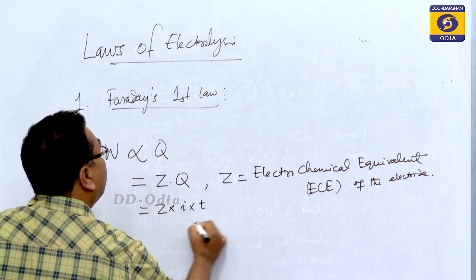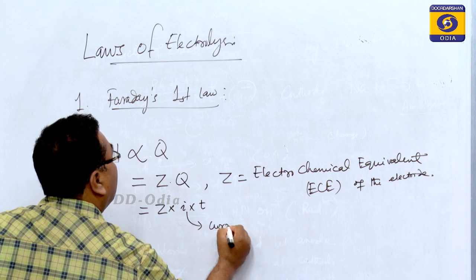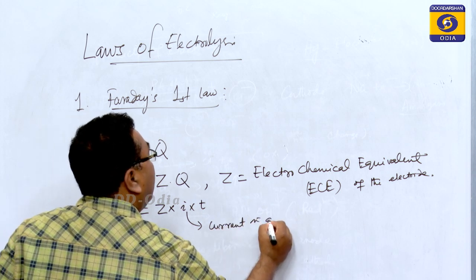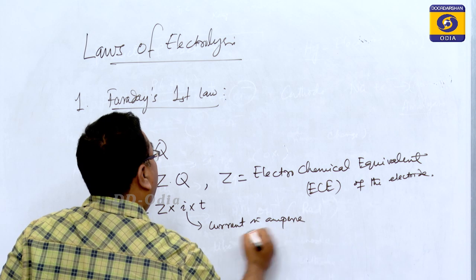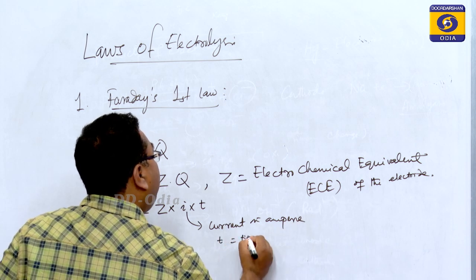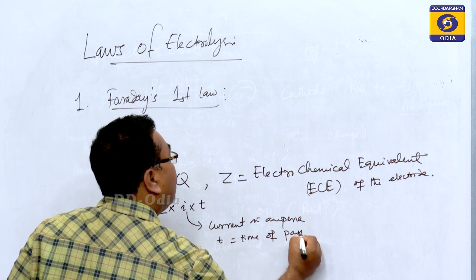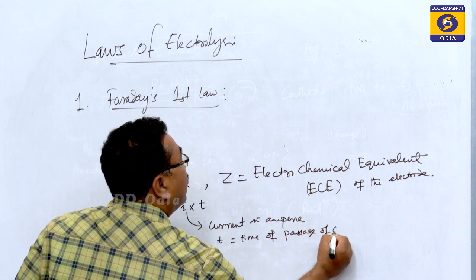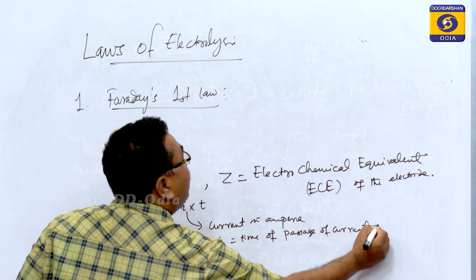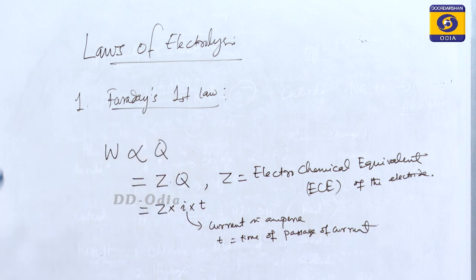Here I is the current in ampere, and t is the time of passage of the charge or the current. So, this is the mathematical form of this.